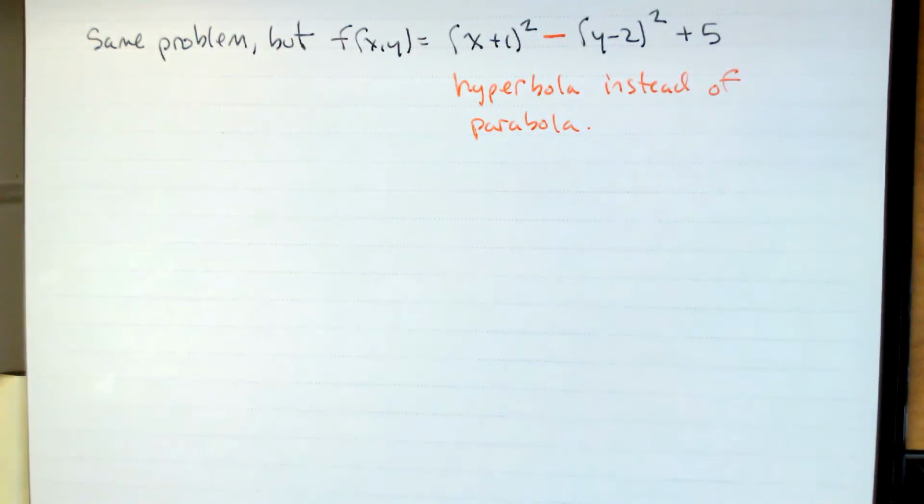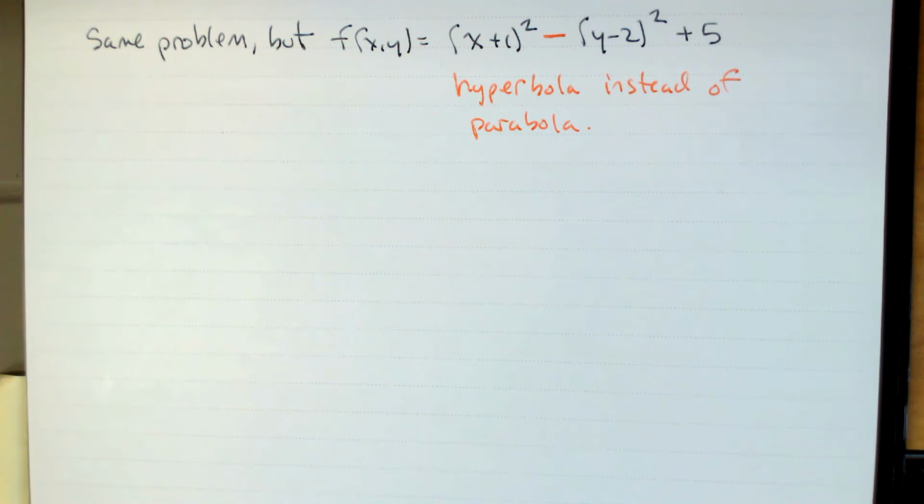I'm making that minus, so we're going to have a hyperbola instead of a parabola, a hyperboloid instead of a paraboloid. We can think about what we're going to find here. If we think about a hyperboloid, we know that it is going to be shaped like a saddle. We're going to have in one direction concave up, but in the other direction, coming through that point, concave down.